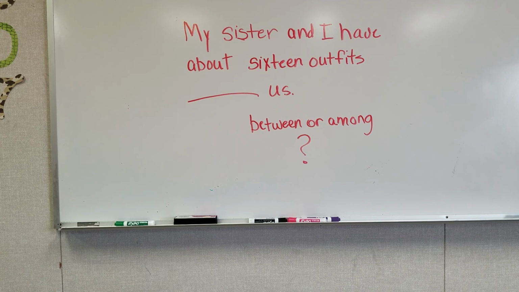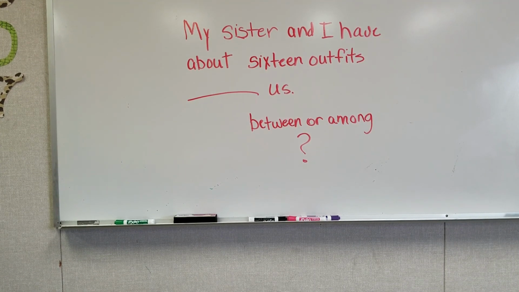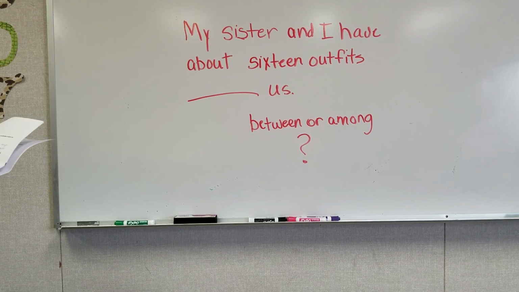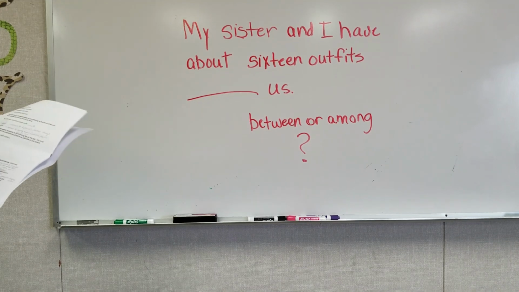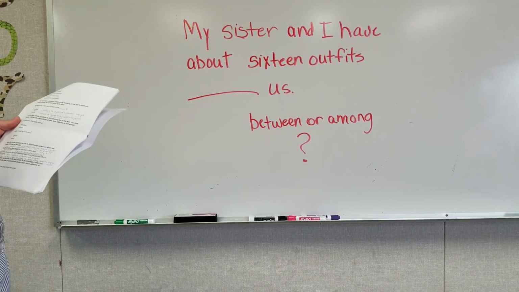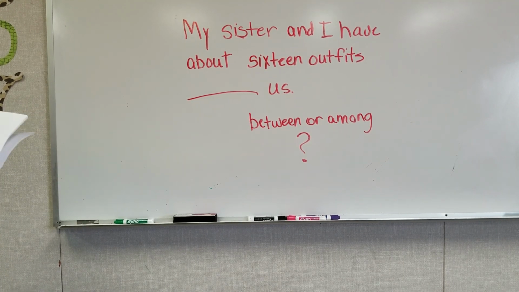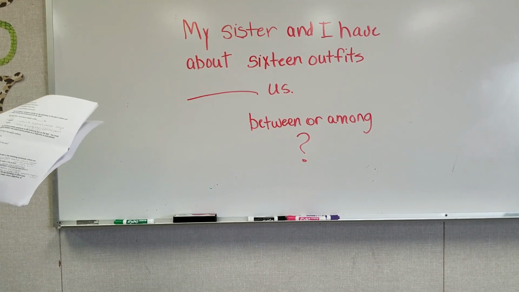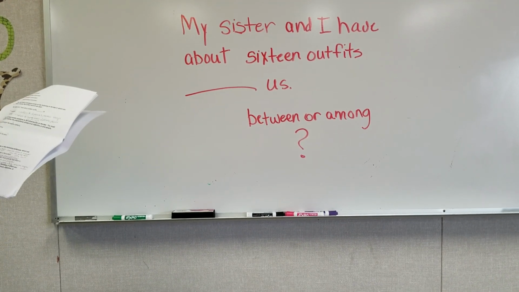Next, we're going to have to choose in a sentence whether to use the word between or among. Which one is correct? My sister and I have about 16 outfits blank us. Between or among? That is the question. So, how do we decide this? Let's look at the two meanings. Between refers to two persons, places, or things.